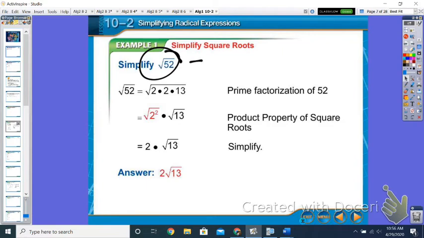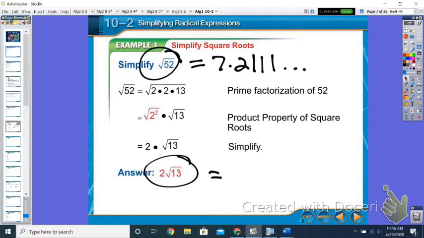So if I type that in, it gives me 7.2111, and then it keeps going, right? Some weird decimal. Then if you type in what you think the answer is, so if I just type in 2 square root 13, it gives me the same weird decimal. That's how I know I got the answer correct.